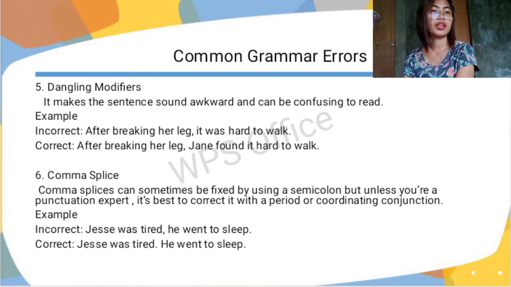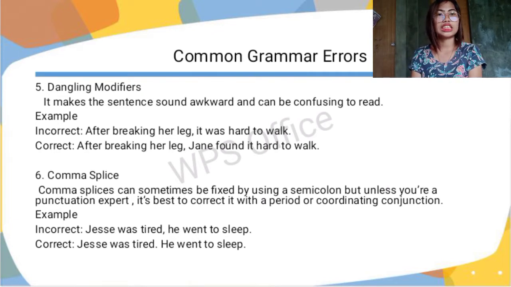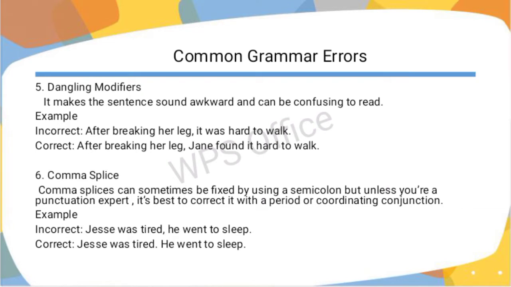That's the incorrect sentence, and the correct sentence is "Jesse was tired. He went to sleep." As you can see, the first sentence was connected with a comma, and now they are separate and form two sentences.